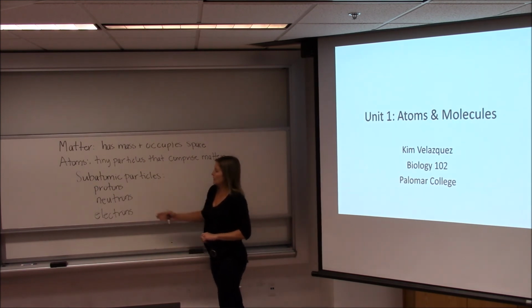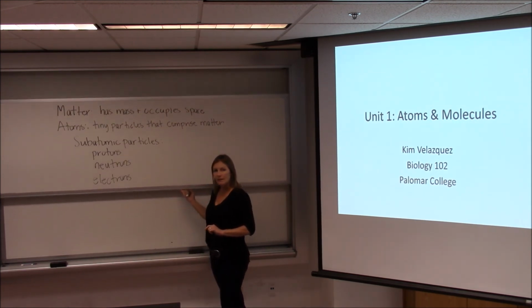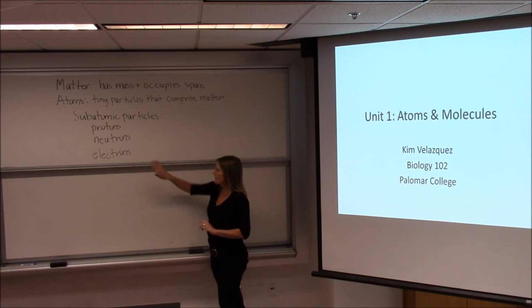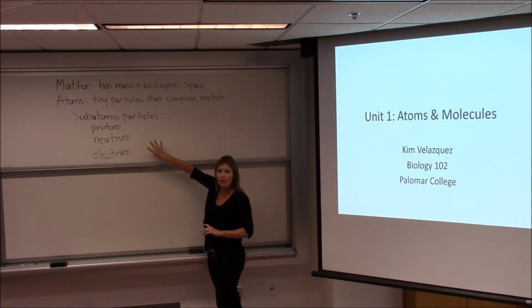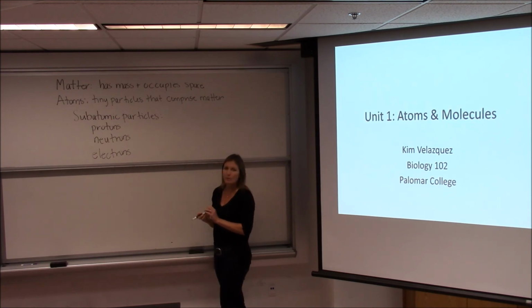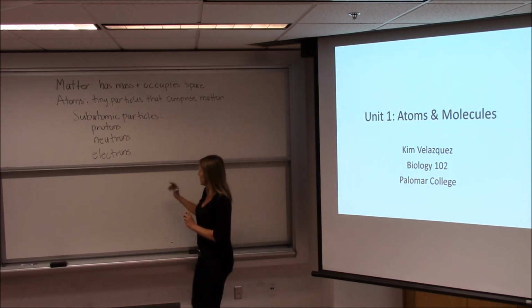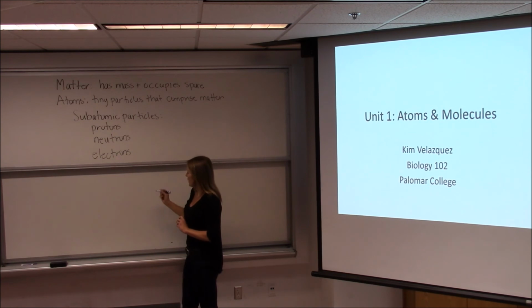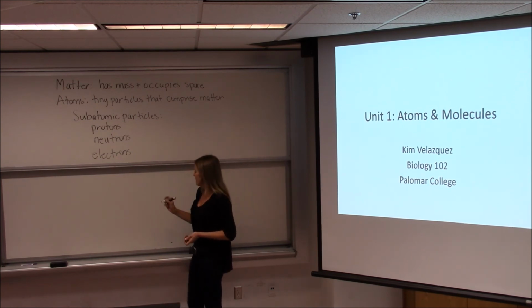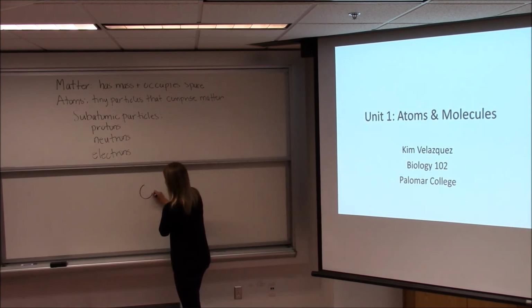So protons, neutrons, electrons. Let's look at just a basic atomic structure to see where these are located in the atom and what electric charge these subatomic particles have, because that's going to be a very important part of the story. Okay, so I'm just going to draw a very general atom, and every atom has a region at its core called the nucleus.